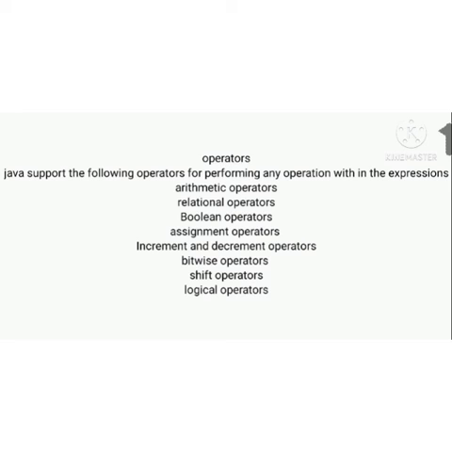Next one is logical operators. We have three types of logical operators. Those are logical AND, logical OR, and logical NOT. We have AND operator, OR operator, and NOT operator. With these logical operators, we construct compound conditions. A compound condition means it is a combination of simple conditions.